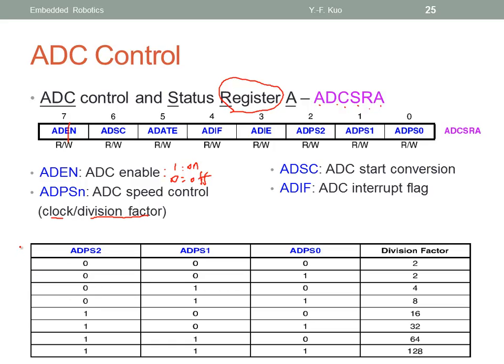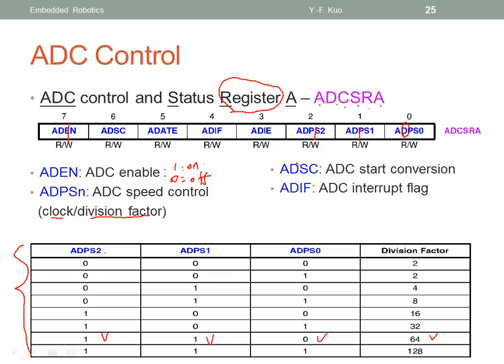This table shows the choices that we have. Let's say if we want a division factor of 64, we write 1 into ADPS2, 1 into ADPS1, and 0 into ADPS0. 1, 1, 0. That's how we control this.